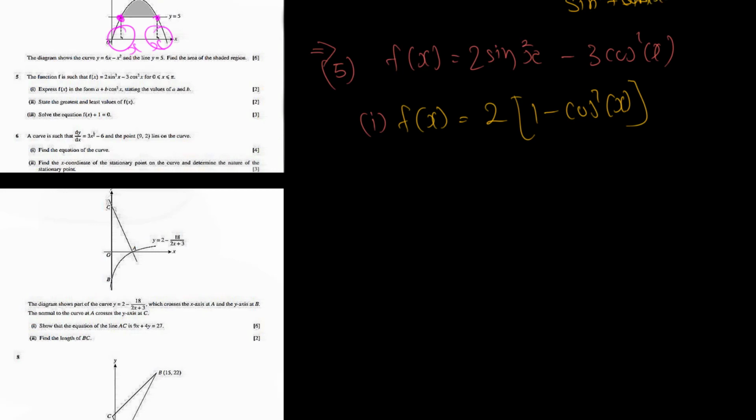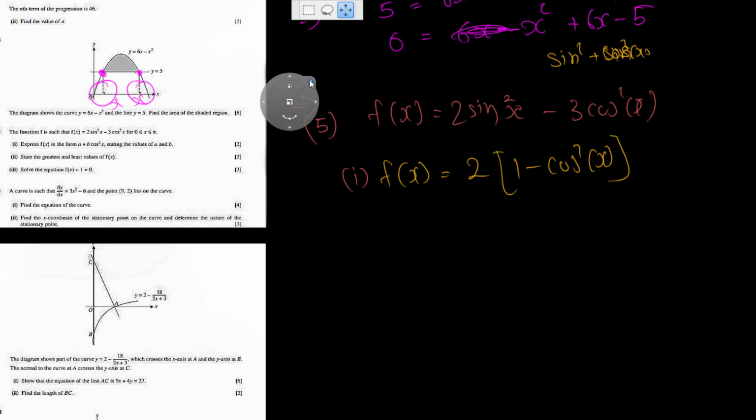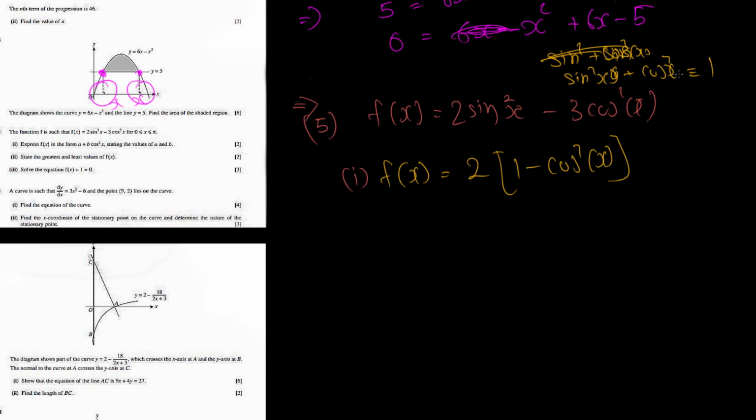Sine squared x plus cos squared x is equal to 1. I'm using that property. So if I move cos squared to the side, I'll have sine squared x equal to 1 minus cos squared x. So f of x is 2 times (1 minus cos squared x) minus 3 cos squared x.